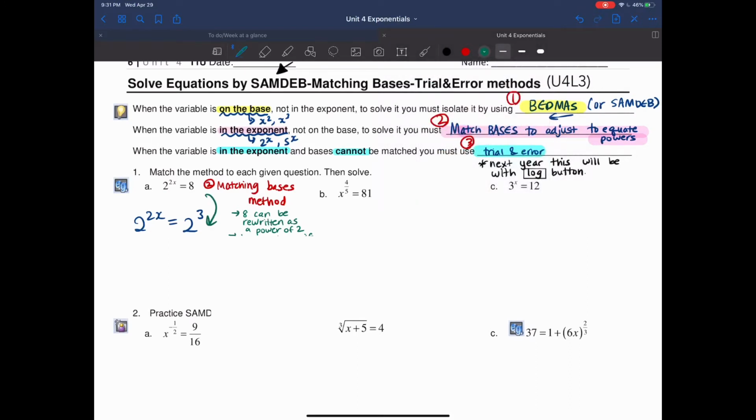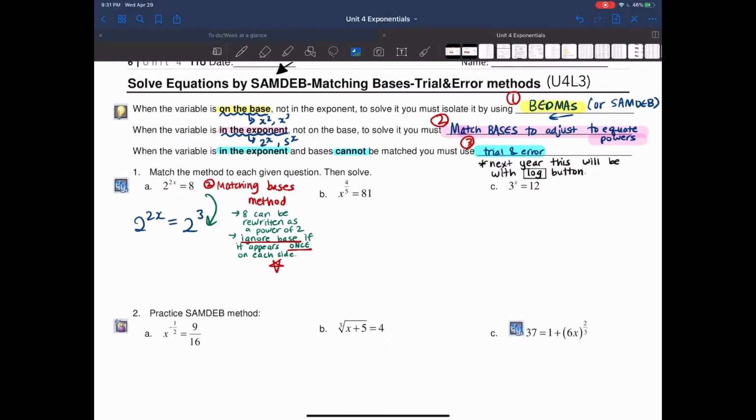As a next step, and this is one of the most important steps, you're going to ignore the base if it appears once on each side. Meaning if I have 2 as a base on the left, 2 as a base on the right, and it's one term equals one term, I can ignore the base and just compare the exponents.